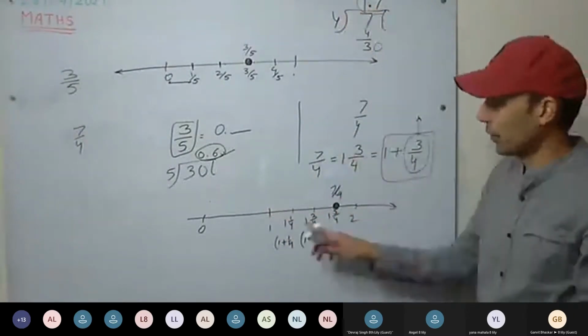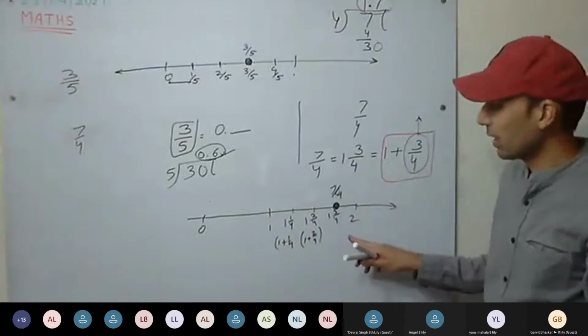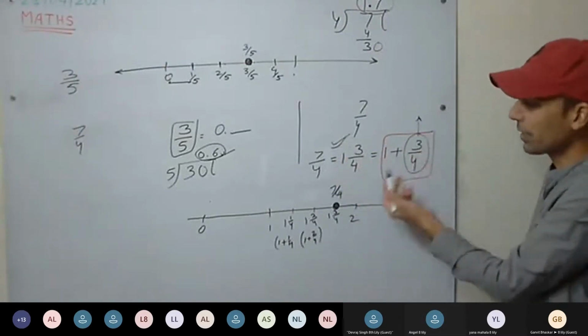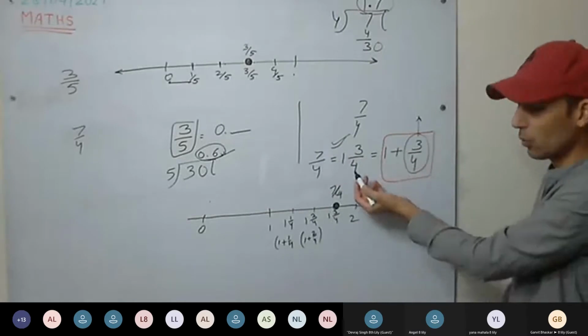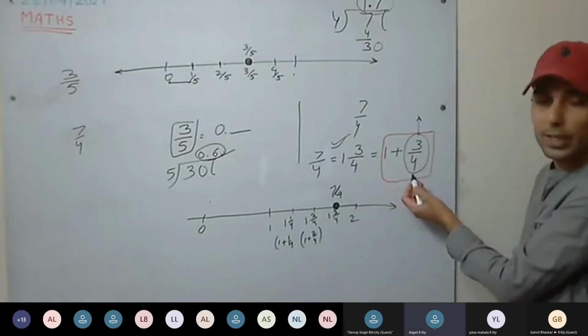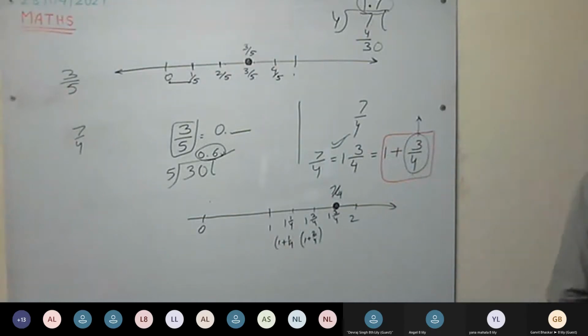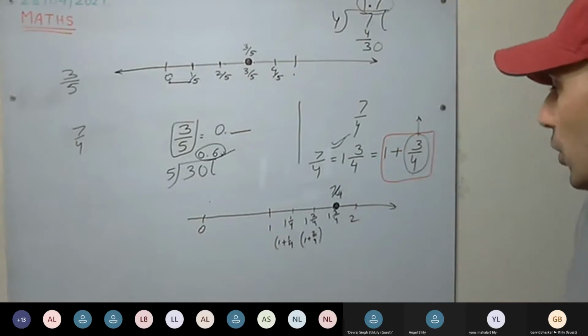Between 1 and 2. Both ways are correct, but prefer the first one, because while marking we have to convert to a mixed fraction anyway. Anyone having doubt? No, sir. Okay, then do 2 3 by 4 yourself now in your notebook.